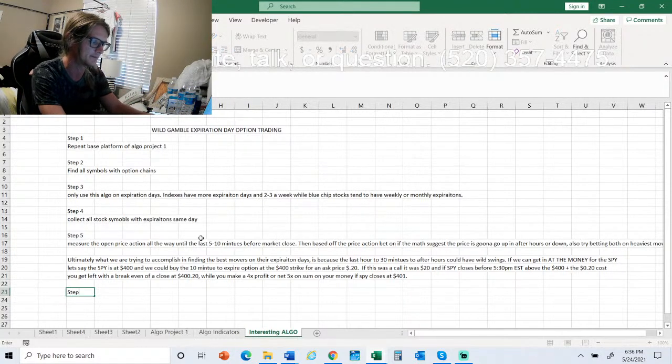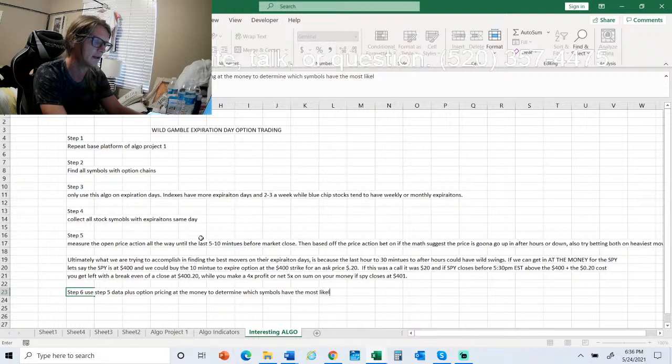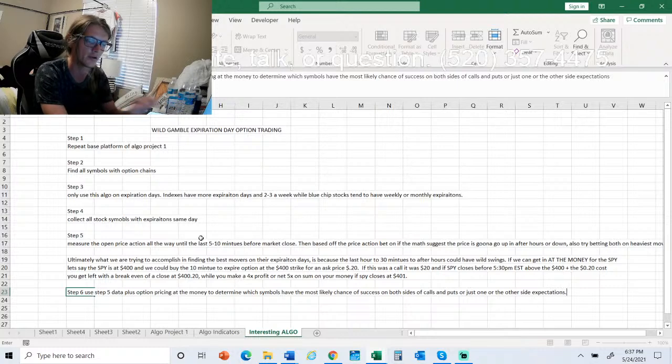Okay, so step 6. Use step 5 data plus option pricing at the money to determine which symbols have the most likely chance of success on both sides of calls and puts, or just one or the other side, depending how good our indicators are.